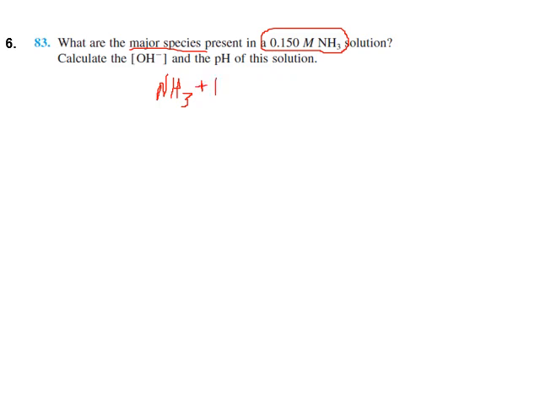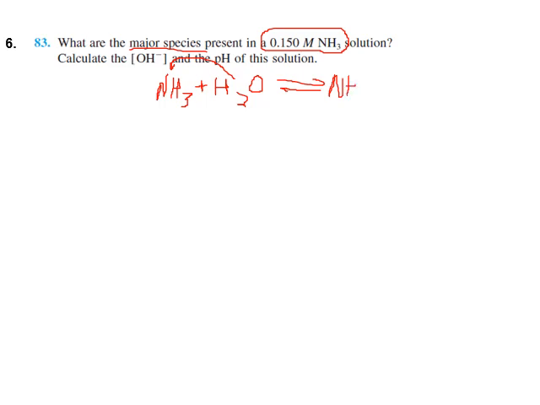The only other thing that's around is H2O. Remember that you're going to have to supply these equations on your own. So I'm doing them for you now, but you'll have to figure out how I'm doing them. What would happen if I reacted NH3 with H2O? One of the H pluses will come off of the H2O and make that into NH4 plus, or ammonium.